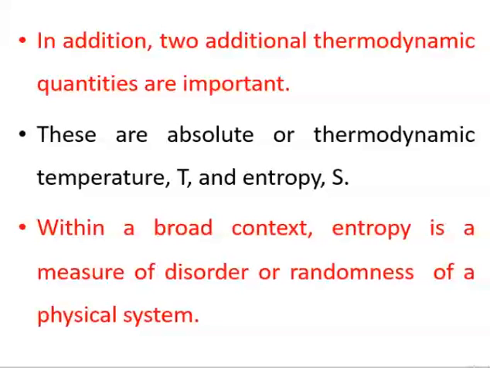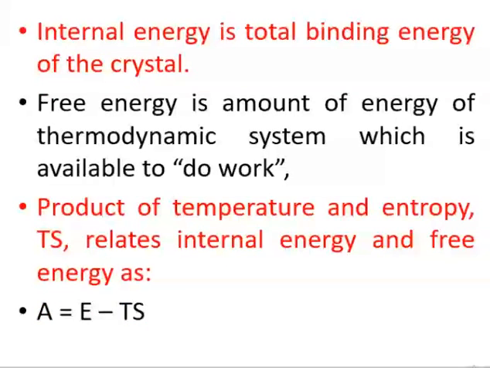Entropy is defined as the level of randomness or the level of disorder of a particular physical system. So the internal energy we talked about is the total binding energy of the crystal, and the free energy is defined as the amount of energy that is available to do work.